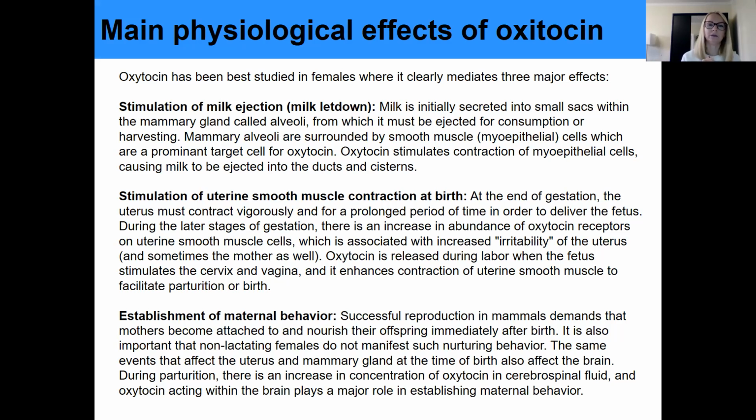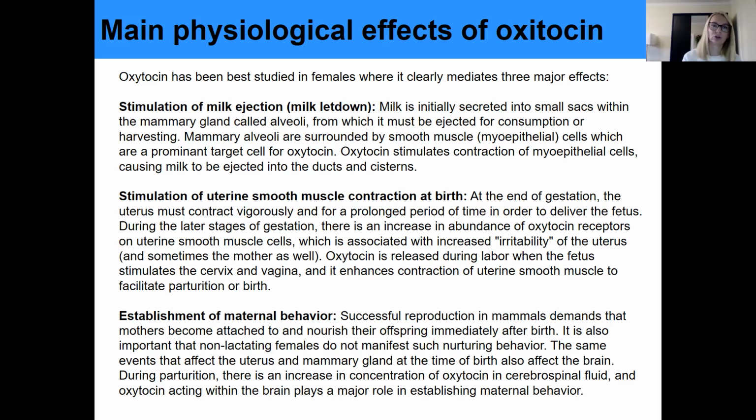Okay, next physiological effect of oxytocin. At the end of gestation, the uterus must contract vigorously and for a prolonged period of time in order to deliver the fetus.